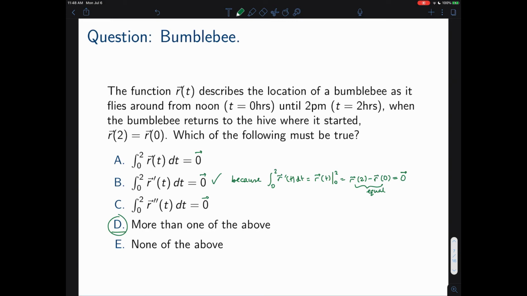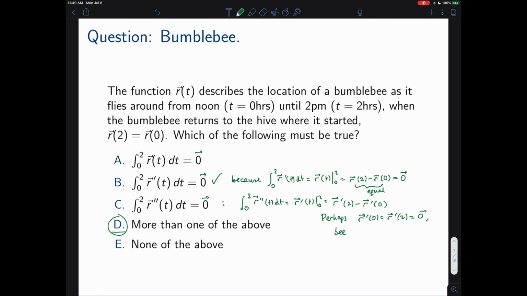Depending how you interpret it, I think you could say that probably C is also true. This integral of the second derivative, well, the antiderivative of acceleration is velocity. So we're doing r prime of 2 minus r prime of 0. Well, then perhaps r prime of 0 and r prime of 2 are both 0.